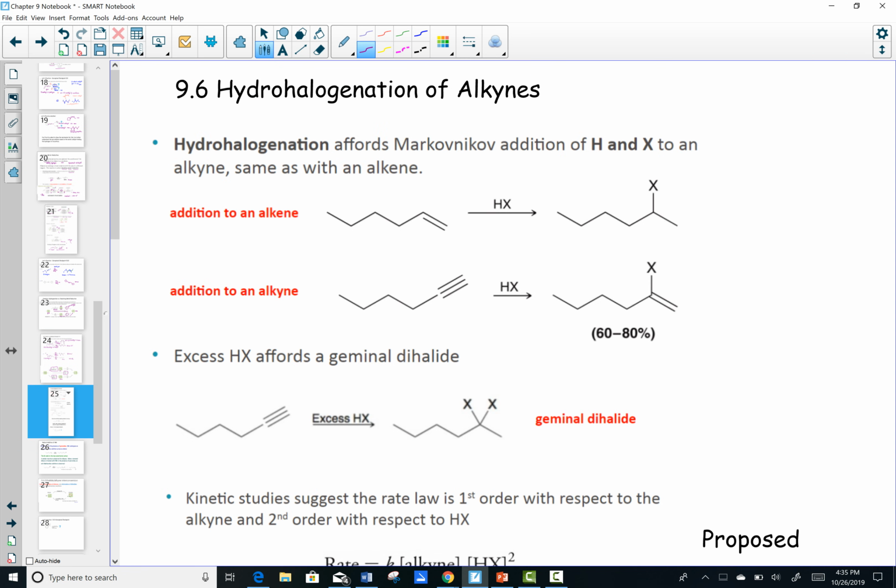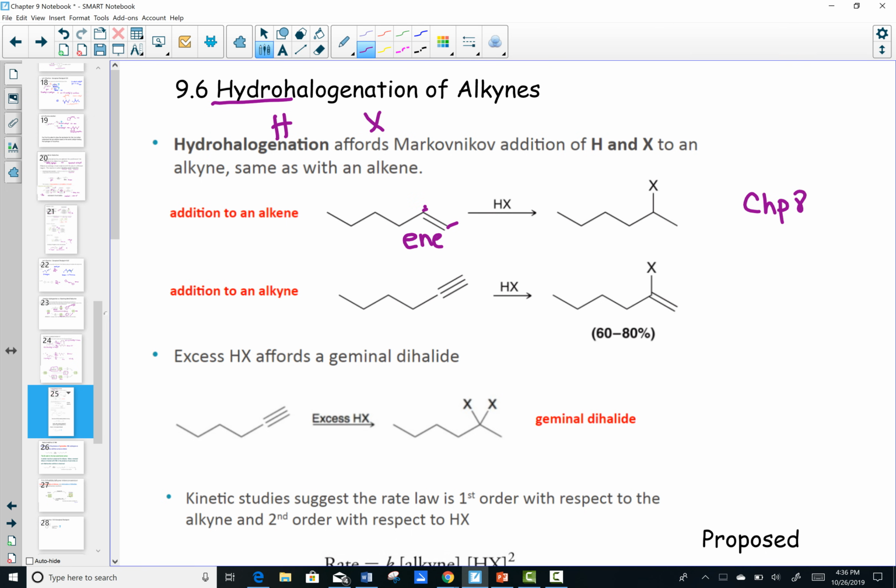Let's learn something new. Hydrohalogenation of alkynes. Hydro, adding an H. Halogenation, adding an X, where X is a bromine or a chlorine. In our last chapter, chapter 8, we focused on the alkene chemistry, adding across the double bond, where we followed Markovnikov's rule, where the hydrogen adds first to create a carbocation intermediate.